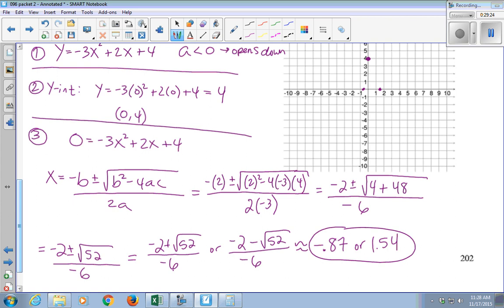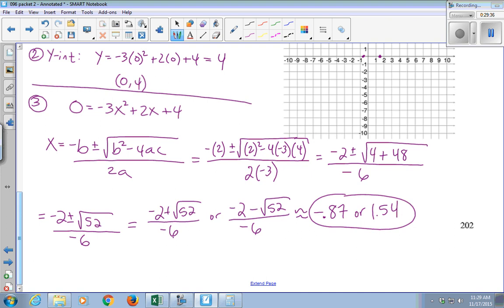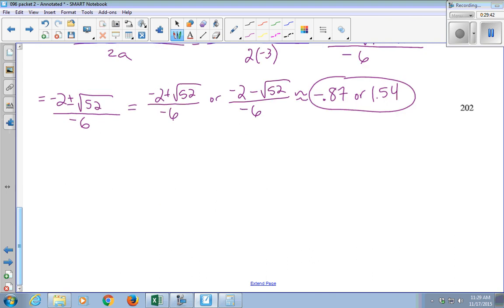Okay, step 4 is going to be to find the location of my vertex. We could find it by averaging these two, right? I'm going to use our new method, the -b over 2a method. So the x coordinate of my vertex is -b over 2a.